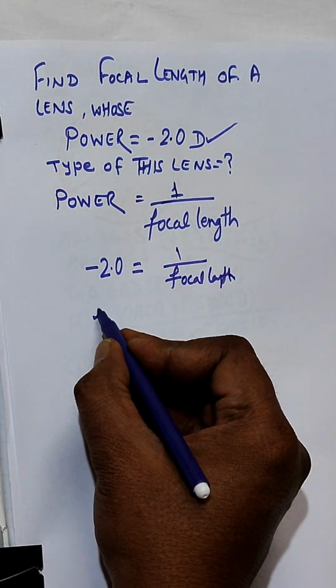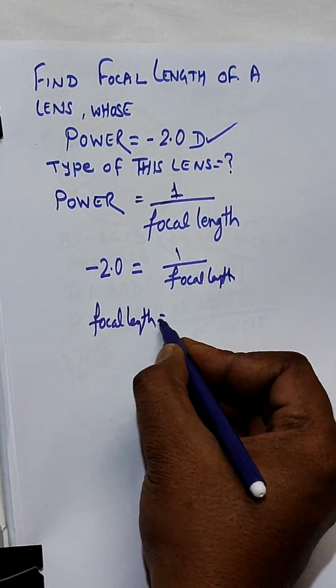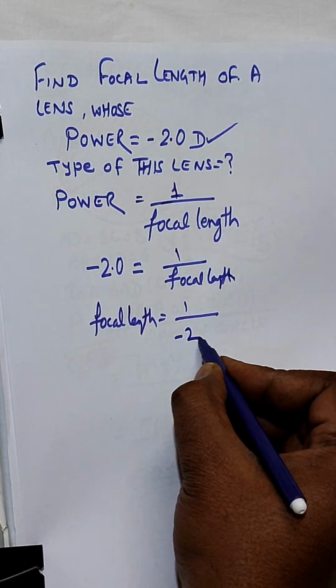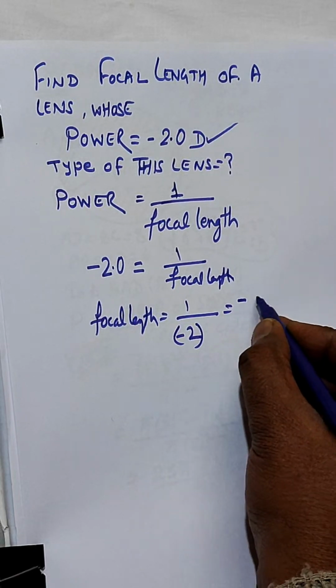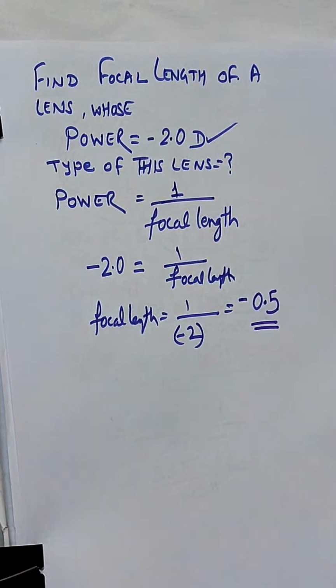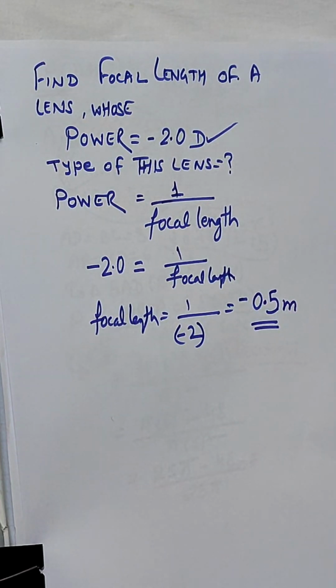Or you can say if the focal length is coming into the LHS, we are getting 1 by minus 2. So this will give minus 0.5. So minus 0.5 meter is the focal length of the lens.